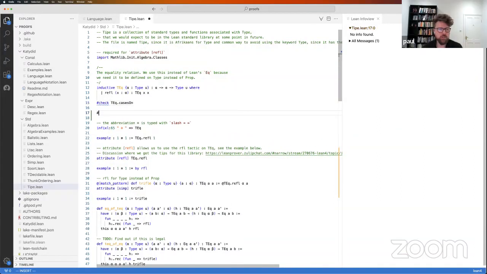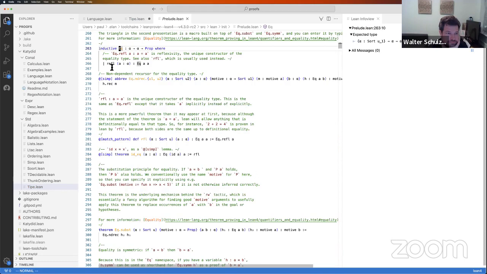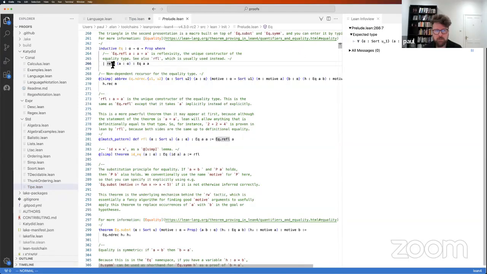There's one thing I don't understand. If I look at Eq, it only has one constructor. Yeah, in Lean. So all this stuff about, I don't know how many inhabitants A equals A has, X equals X has.